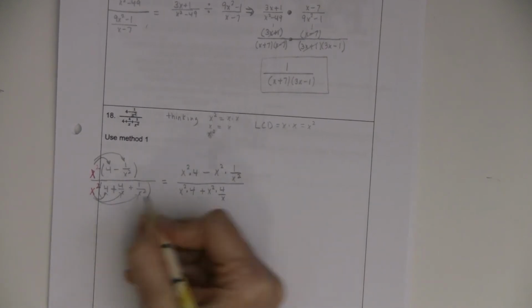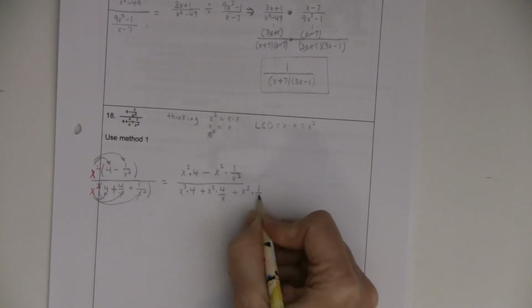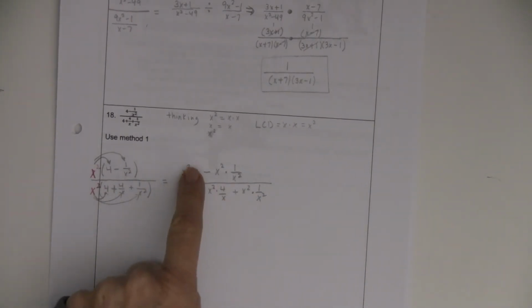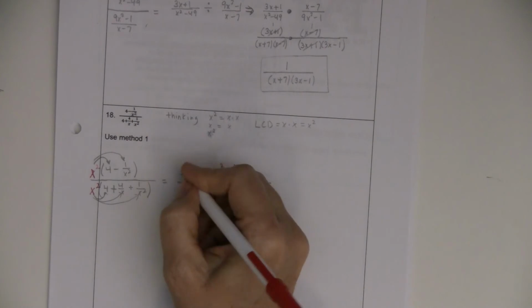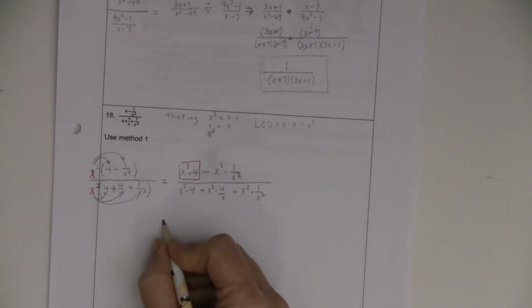And last but not least, plus x squared times 1 over x squared. So I usually am kind of lazy and I don't write this step. I go right to this step and I say I'm going to do it to all. And then now I'm physically doing the multiplication on each of them. And so when I multiply those together, it's better if you write that as 4x squared.